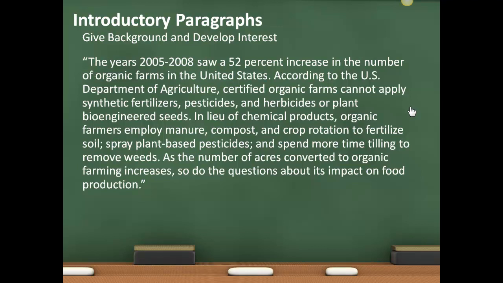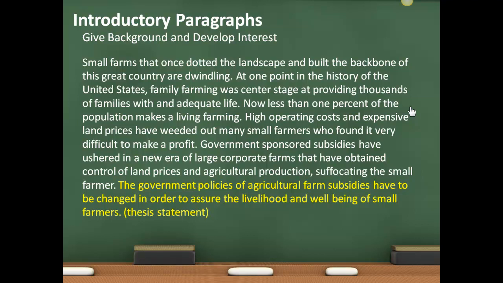Okay, another example to give background and develop interest. This comes from a student paper on government subsidies of agriculture, and he starts with just the idea of an incident. Small farms that once dotted the landscape and built the backbone of this great country are dwindling. At one point in the history of the United States, family farming was center stage at providing thousands of families with an adequate life.